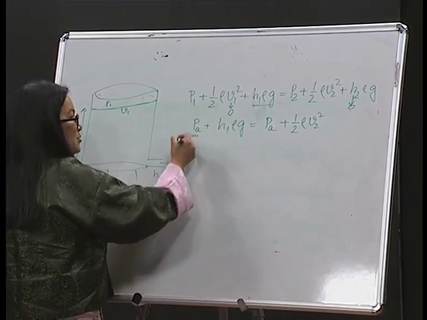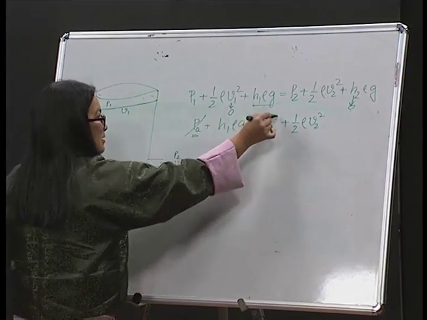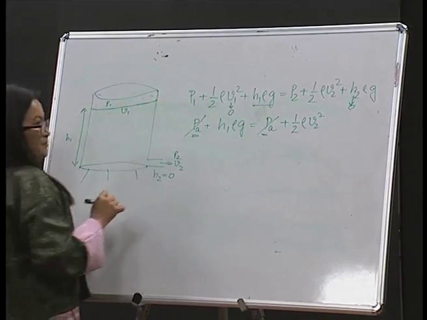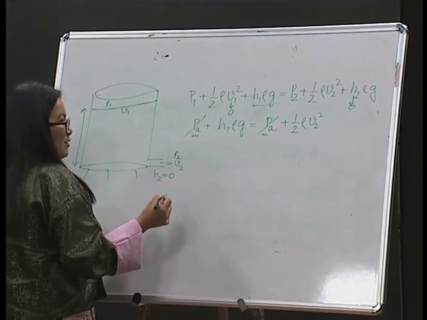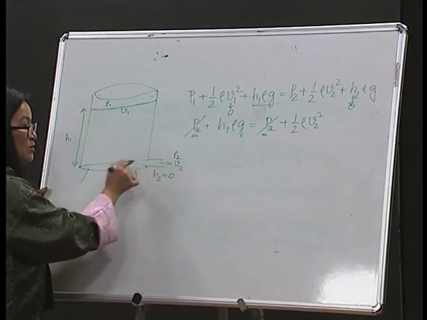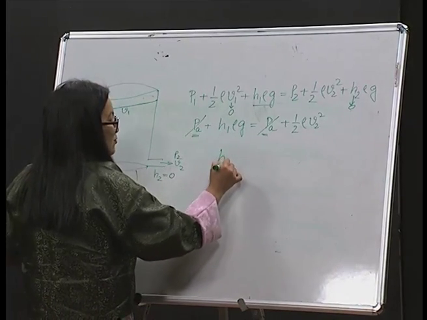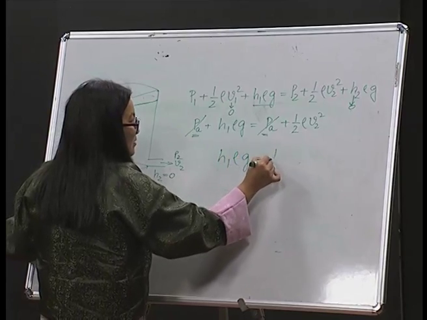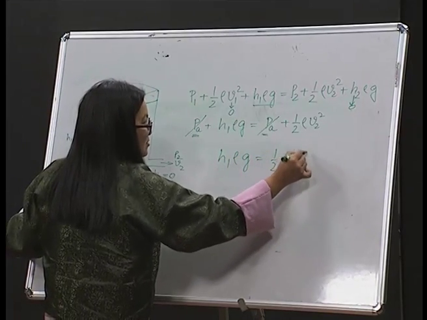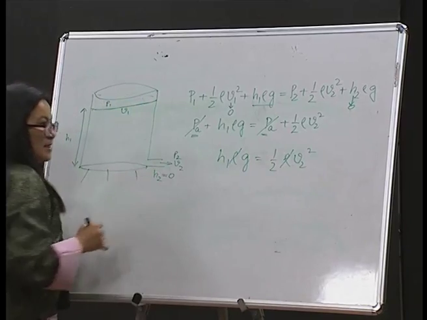Now, atmospheric pressure and atmospheric pressure get cancelled. Now, we are finding the velocity at which the water comes out from this opening. So, then we have H1 density G is equal to half density V2 square. Density and density get cancelled.